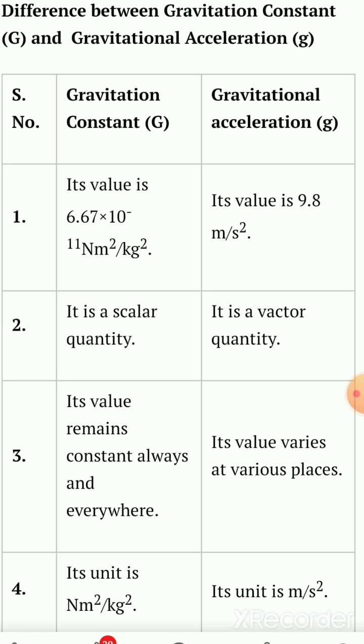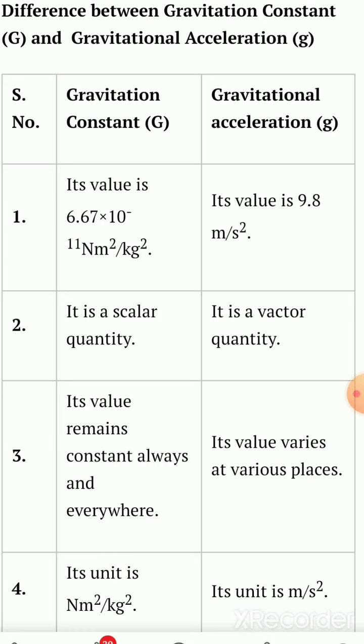From there only we can find out the unit of capital G, and that came out to be Newton meter square upon kg square, as the capital G formula is force F into distance square upon mass into mass of the second body. Now the SI unit of gravitational acceleration will be meter per second square. Since it is an acceleration, its SI unit will be meter per second square.